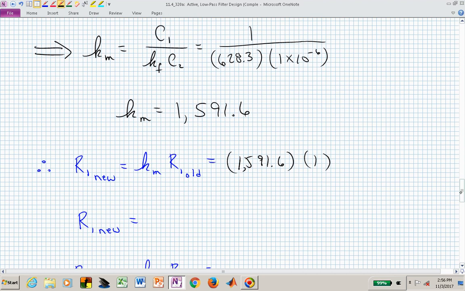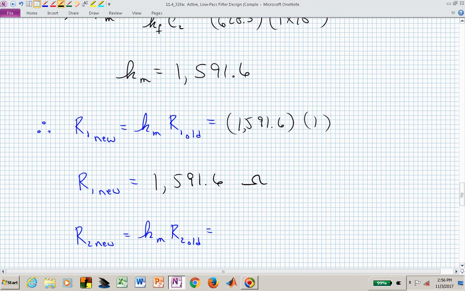So our new value for the input resistor is going to be 1,591.6 ohms. And the new resistor value, R sub 2 old, was 1. So 1 times 1591.6 is also 1,591.6 for the R sub 2, the feedback resistor.